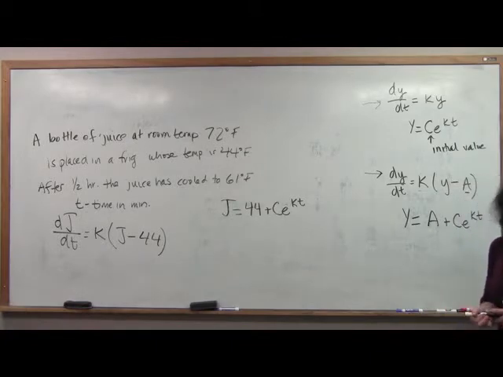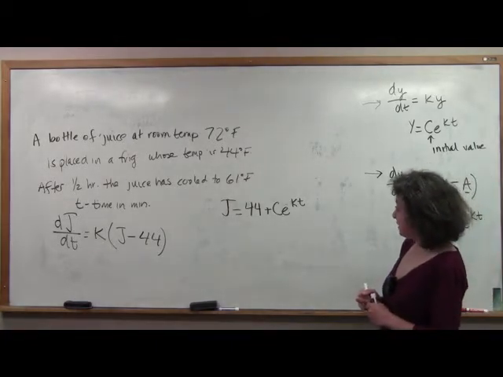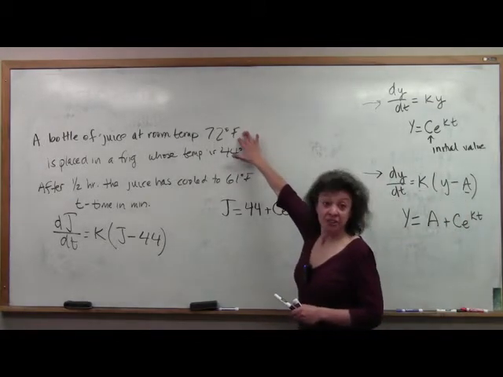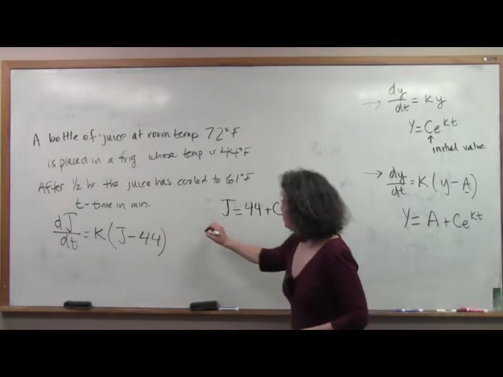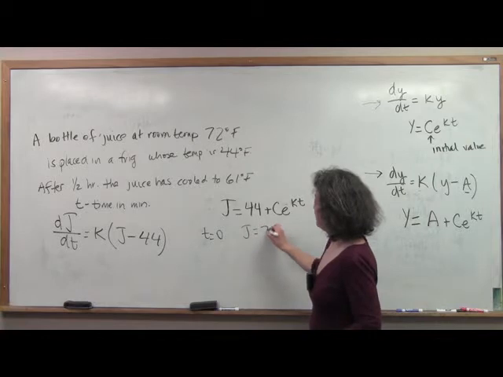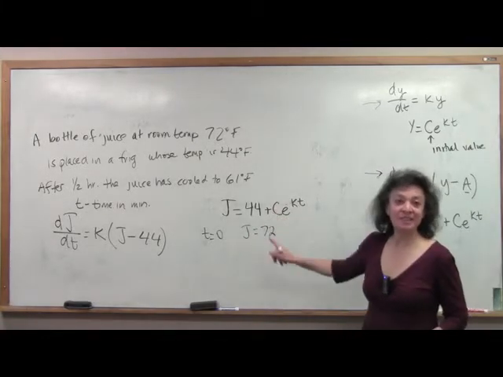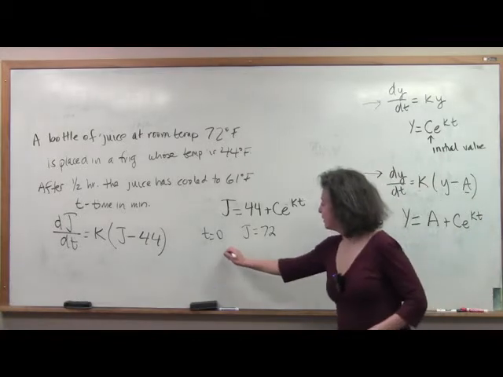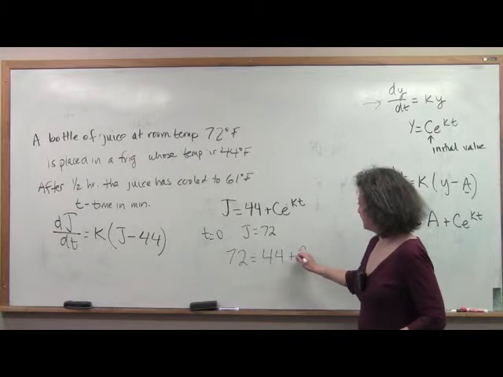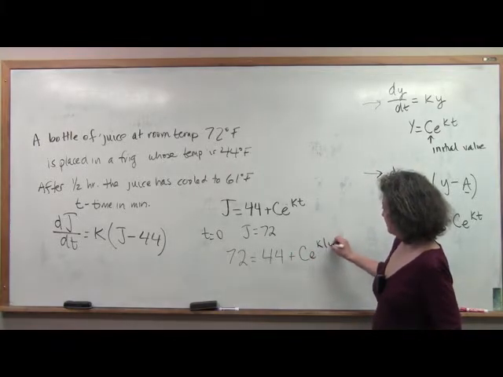Now, notice we're given some more information. What is one piece of information that we're given? We're given that initially, in other words, when t equals 0, my juice is 72. Well, that's going to give us C. Let's check it out. 72 is 44 plus C e to the k times 0.